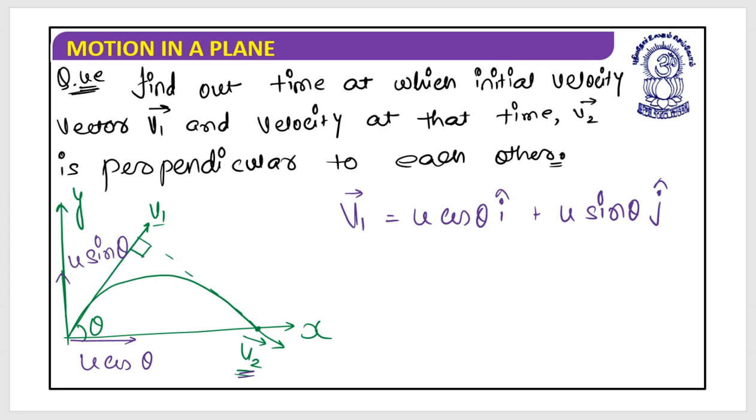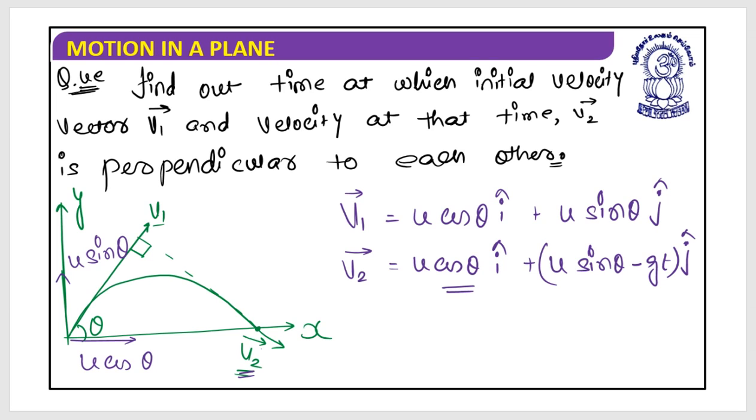Now write down v2. It again has two components: u cos theta i, because velocity in the x direction never changes, and the y component, u sin theta minus gt, along j cap, because it is in the y direction. I hope this is clear. So this is v1, this is v2.